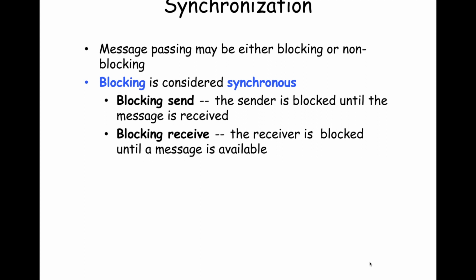So a blocking send is one where the sender is blocked until the message is received. So you can almost say that once the routine to send returns and the process can continue, you have a semblance of a guarantee that the message was delivered to the receiver. That's one of the reasons for a so-called blocking send, a synchronous send.